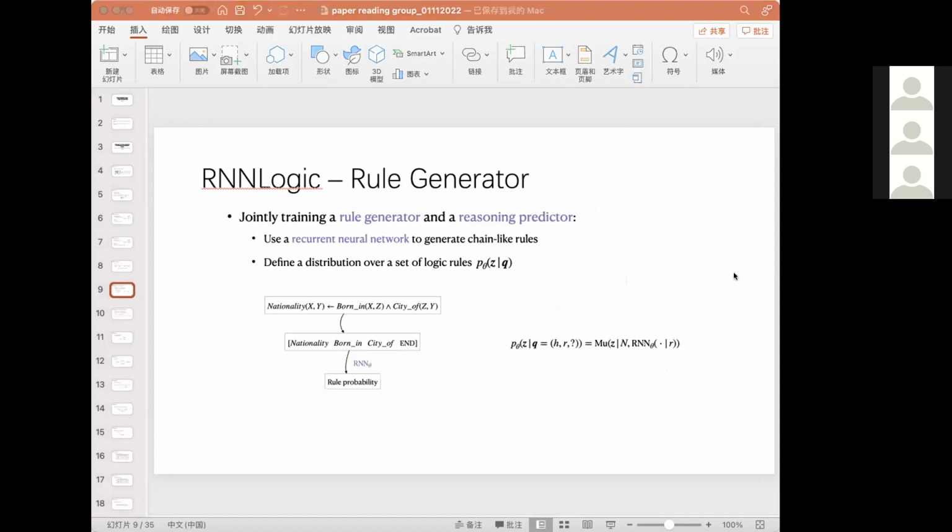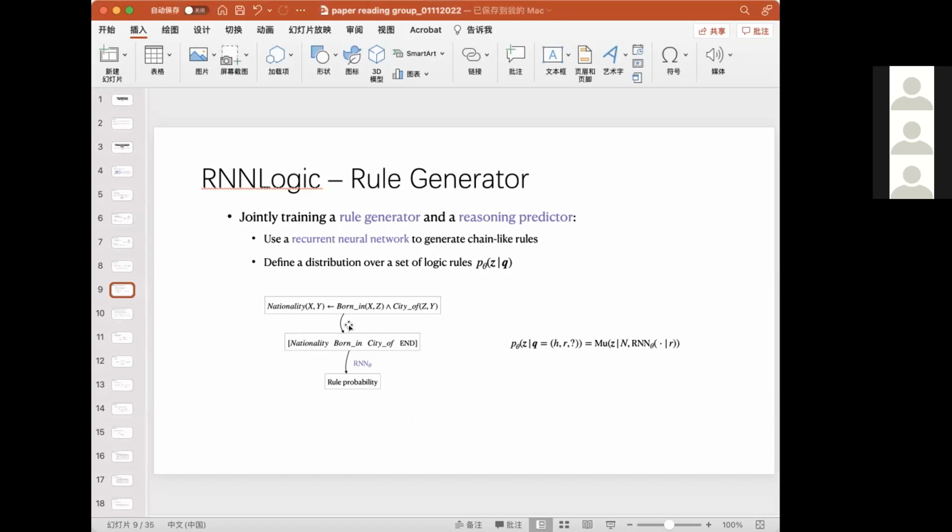The idea for the rule generator is that, given a query q, the rule generator tries to generate a set of logical rules in order to answer the query. Here we present an example in the slides.